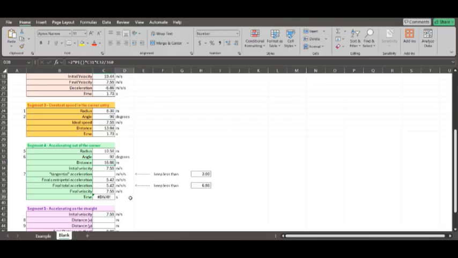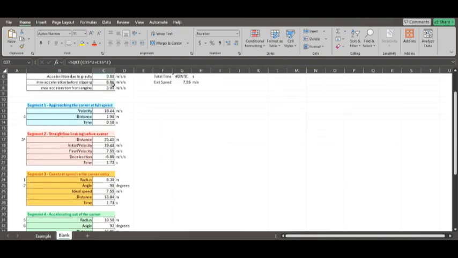All right, now here's what we need to do. We need to calculate how fast we can accelerate. Our centripetal acceleration, the fastest we'll be going during this circular section, is right at the end of that section if we're accelerating. Now, we can accelerate better than that, because we can accelerate up to 6.86 meters per second squared before we skid out.